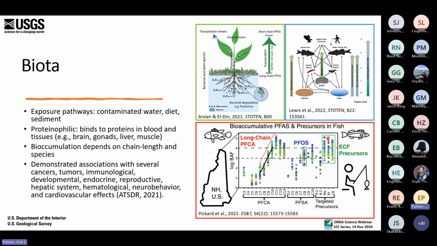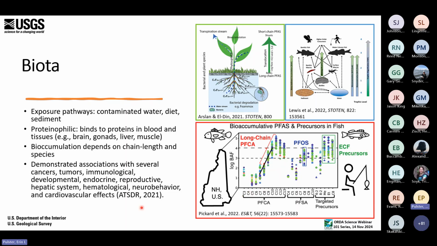Also with fish, there's a lot of new data coming out on the bioaccumulation potential of the long chain PFCAs and PFSAs. You can see they increase until they reach about a carbon chain length of 10 or 11, and then they start to decrease.